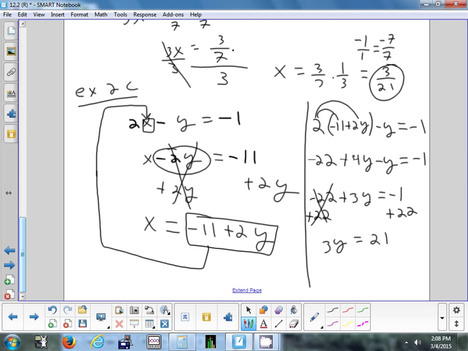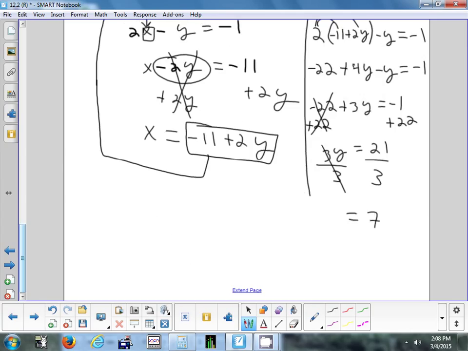Yep, divide by 3, don't say the answer yet. So we divide each side by 3, we're going to get a nice answer this time. Yeah, Ben? 7. What equals 7? Y. Okay, it's very important when you write your answer, since you've got one's x, one's y, you've got to say that 7 is the y.